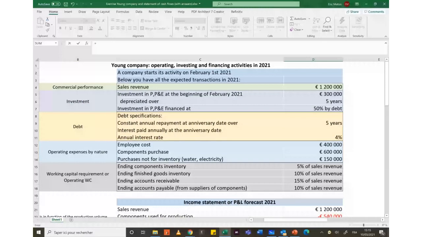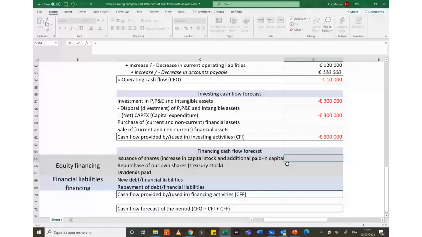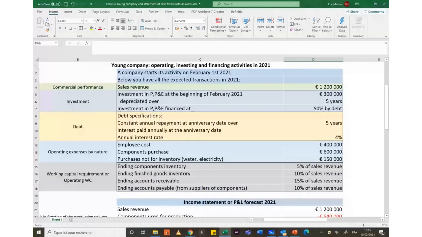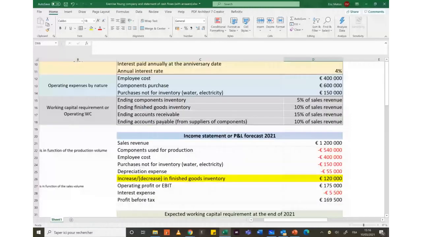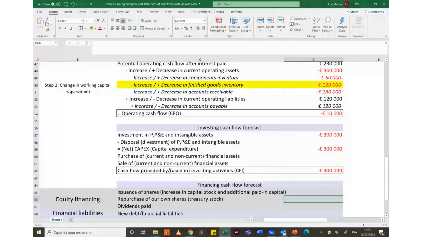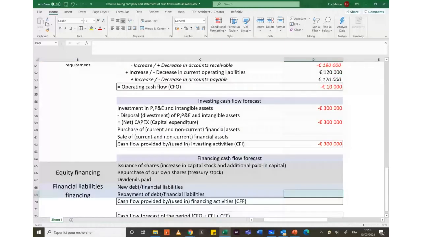So here is just the debt. I forgot, so I will complete. Sorry, I will put some issuance of shares because in this case I will have a big problem. So we will do without the issuance of shares, but of course, if we start the activity, we need some issuance of shares.